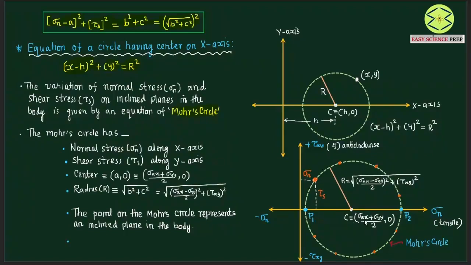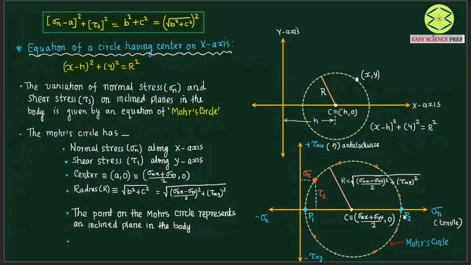At point 1 and point 2, where the Mohr circle intersects the normal stress axis, there won't be any value of shear stress. You can see here that these points do not have any y coordinate, and y represents the shear stress. So points P1 and P2 represent two planes which have only normal stresses.